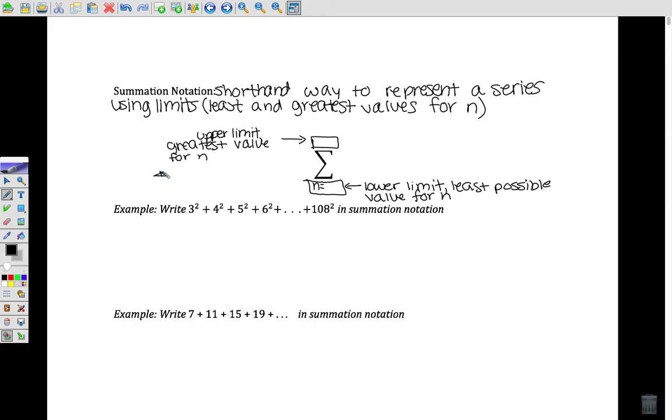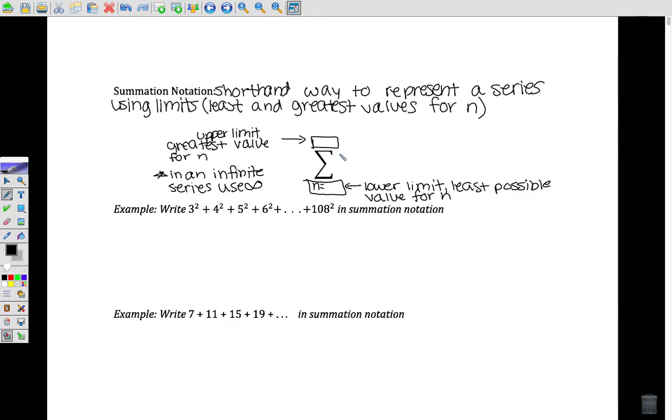It's also important to note that if you were doing an infinite series, so it goes on forever, there is no upper limit, so we would use the infinity symbol up here. In an infinite series, we're going to use that infinity symbol as our upper limit.